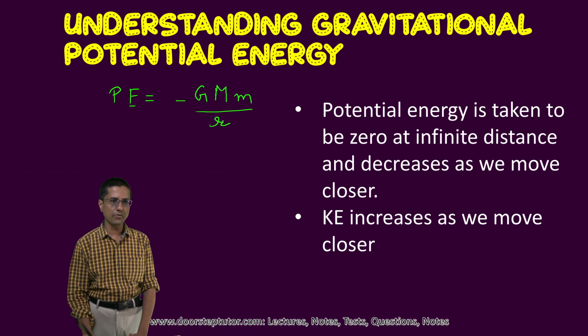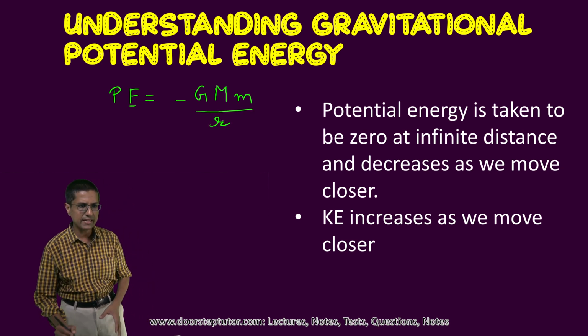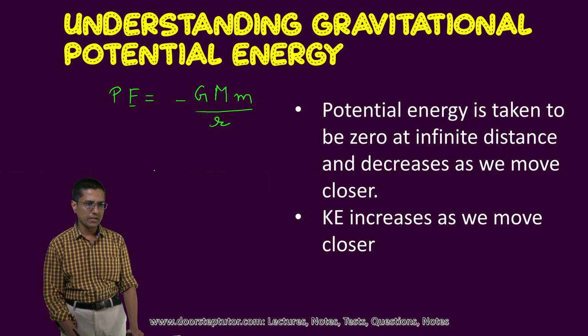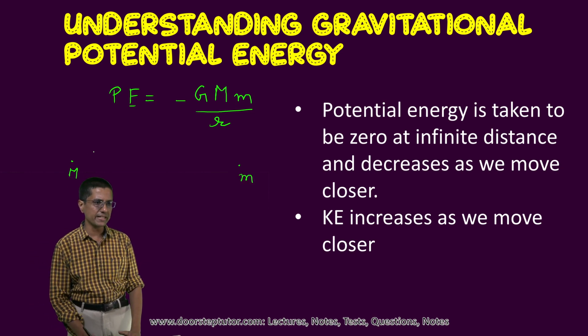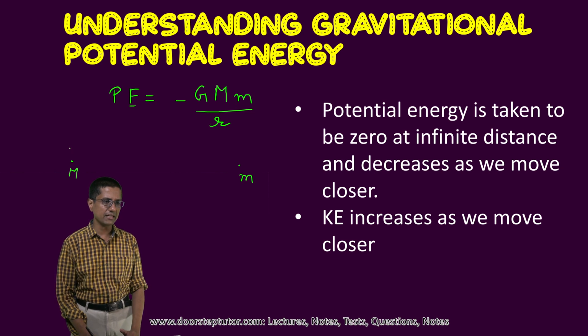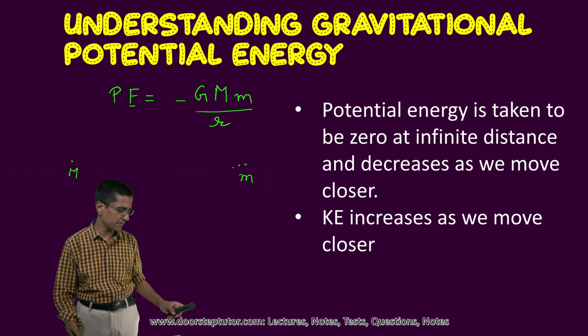So we will write this formula again right here, and then here you will see that this formula comes from a configuration in which we have two masses M and m, and for the sake of simplicity, let's just assume that this is earth and this is fixed, and this object m, the small one right here, is any object.